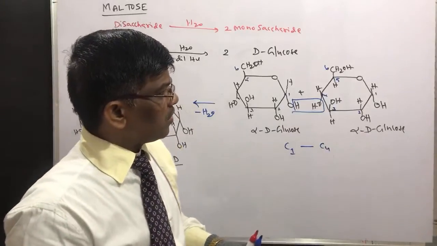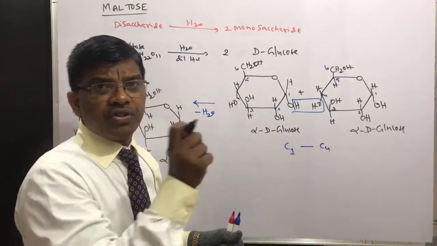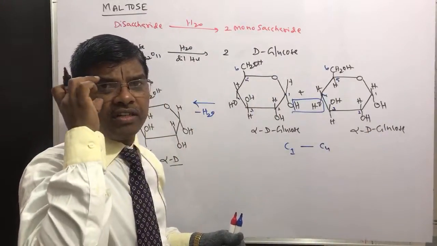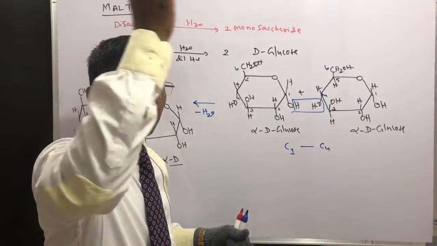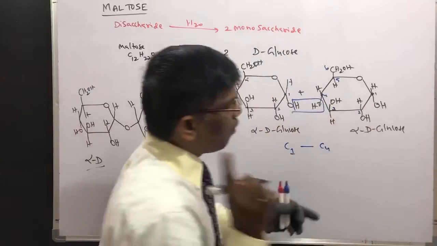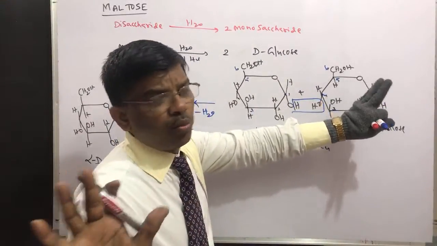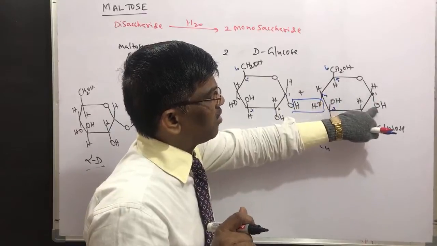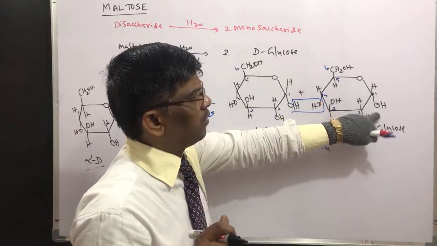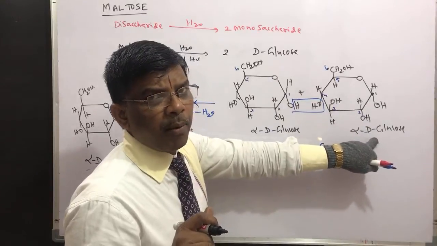Now I will ask a question. This D glucose is a reducing sugar, meaning it reduces Tollens and Fehling's solution, because of the presence of this one carbon which has a linkage with a hemiacetal group, a linkage with ether and hydroxy group. Because of the presence of this group, it has reducing property.